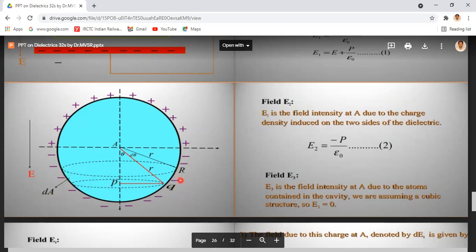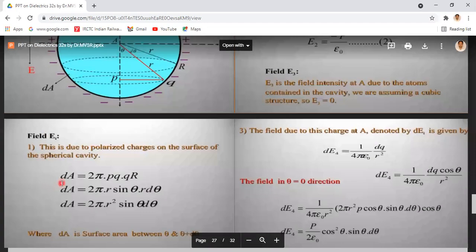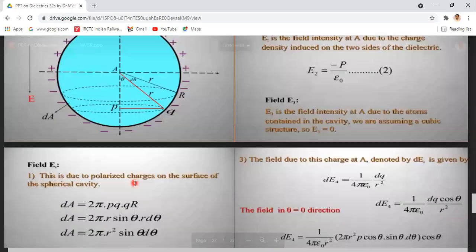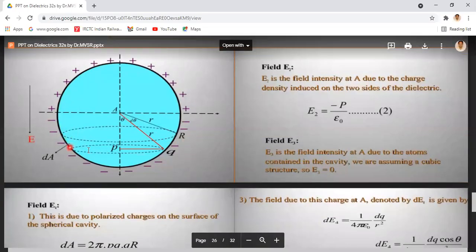Here dA is equal to 2 pi into PQ into QR. So this is 2 pi r, because this is the area of this small surface on the entire spherical cavity. So dA is equal to 2 pi r, of course.